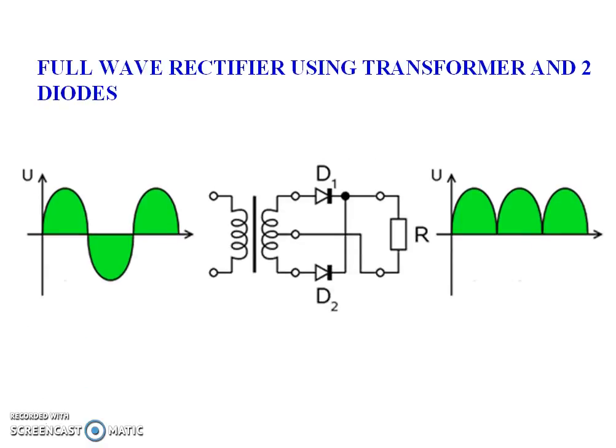Now the full wave rectifier using a center tap transformer and 2 diodes is shown here. So we have a transformer, this is the center tap transformer, and these are the 2 diodes that are connected here, and we have a load at the output section.